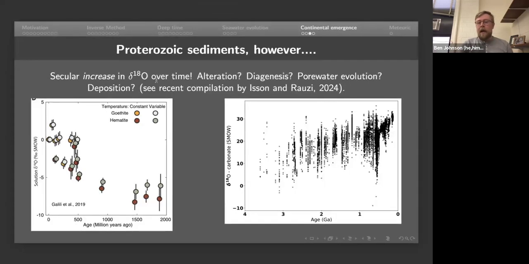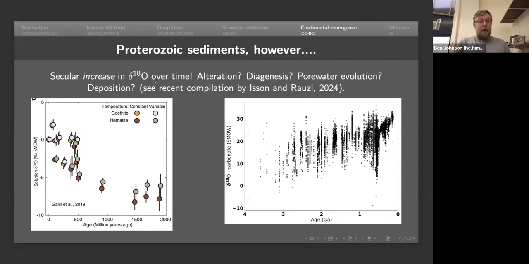On the right-hand side is the carbonate delta-18O values shown in per mil compared to SMOW. On the left here is work showing the iron oxide oxygen isotope record. The iron oxides are really cool because their fractionation between fluid and mineral seems to be relatively insensitive to temperature. And so the suggestion is that it more reflects a change in fluid oxygen isotope composition.